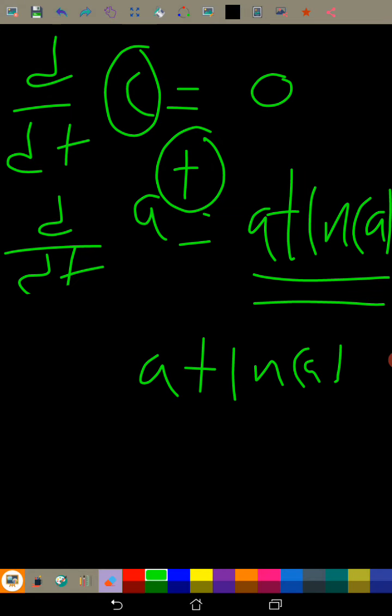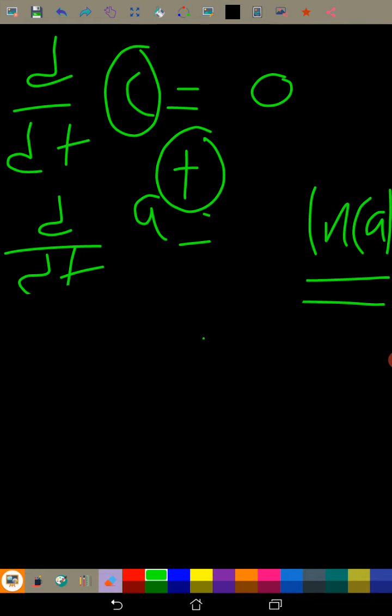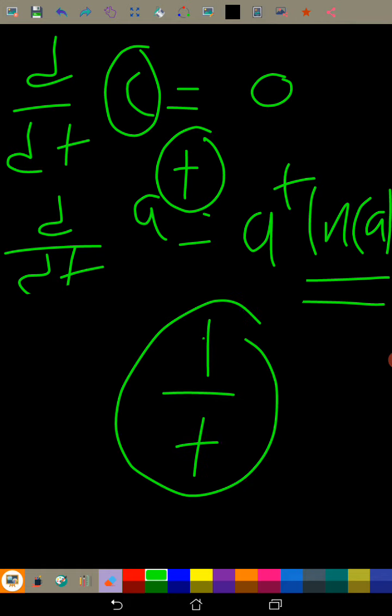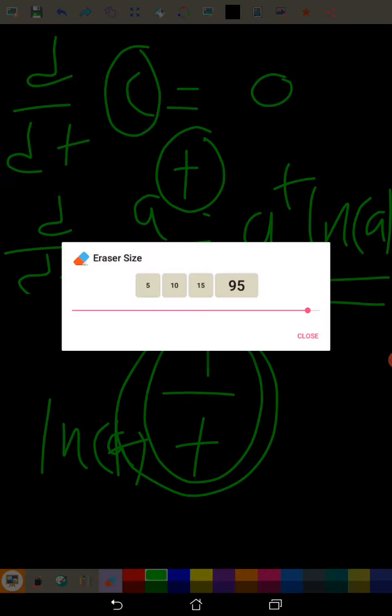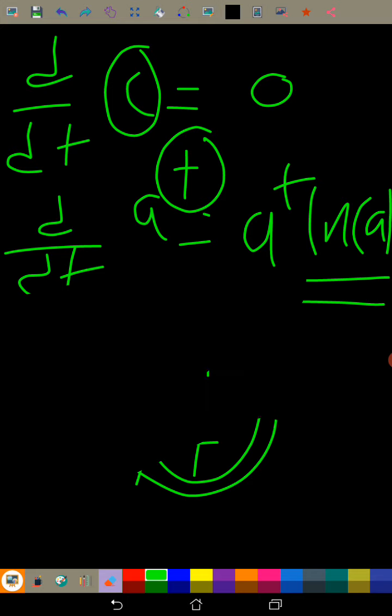I made a mistake here. That's not correct. Let me write it in the proper way. It's a to the t ln a. And if you differentiate ln t, you get 1 over t. But this is the inverse. I don't know. You have to learn these properties or something like that.